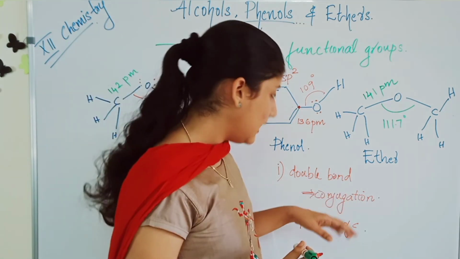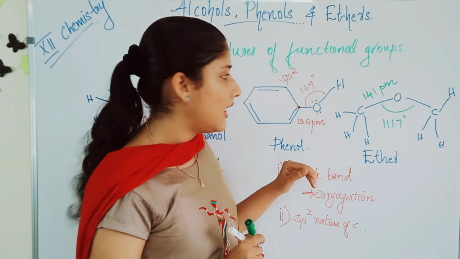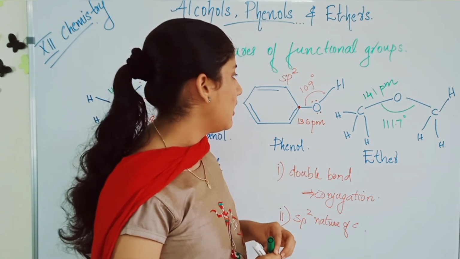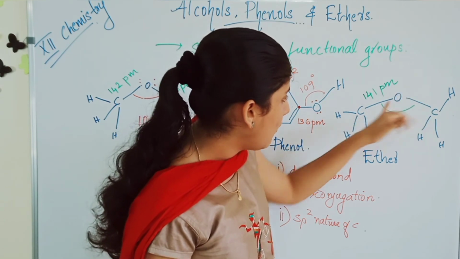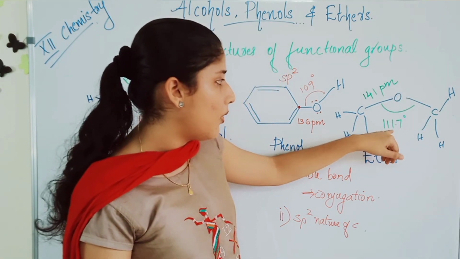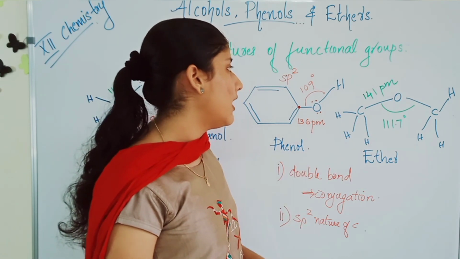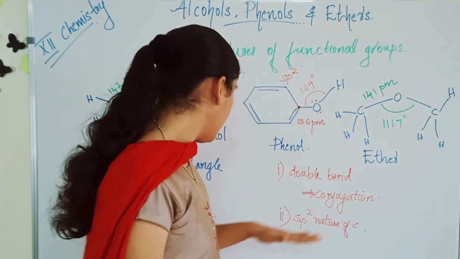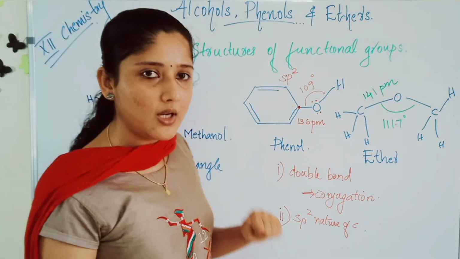Now look at the ether's case. What happens in the ether? In the case of ether, the COC bond angle is 111.7 degree. Why? Because it is slightly equal to or greater than 109 degree 28 minutes.